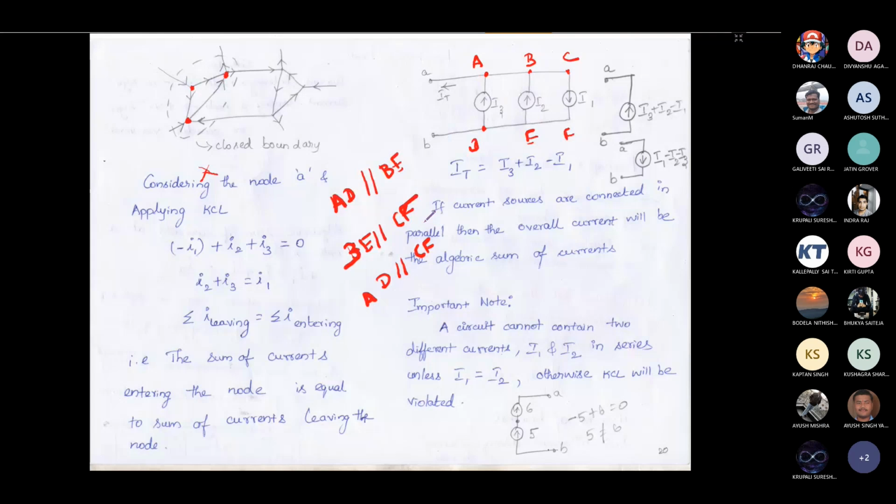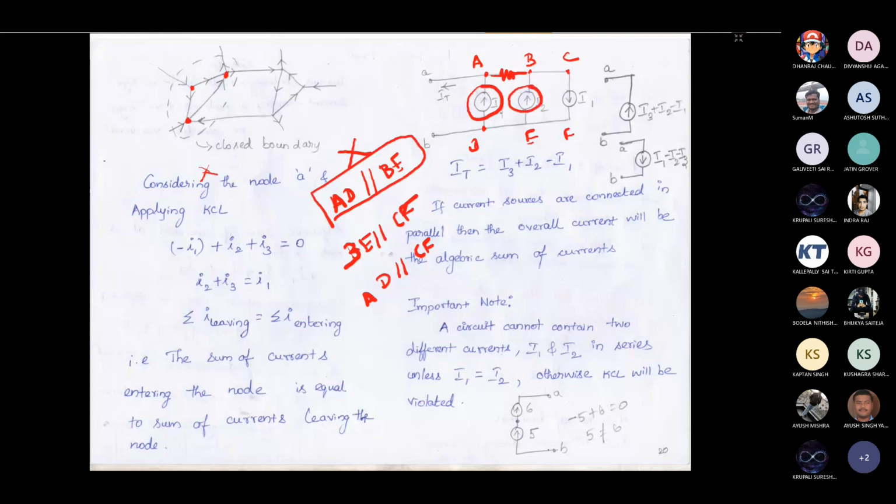In case there is a resistor connected between these two elements, then you should not call AD parallel to BE. This is not correct. The current source AD is not parallel to BE if there is a resistor in between.